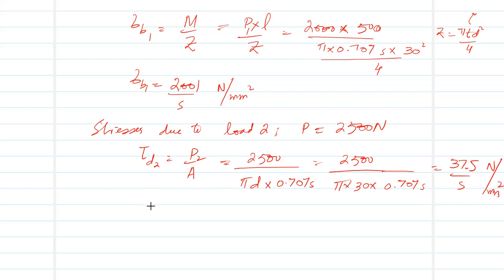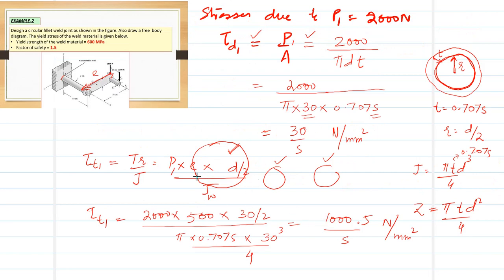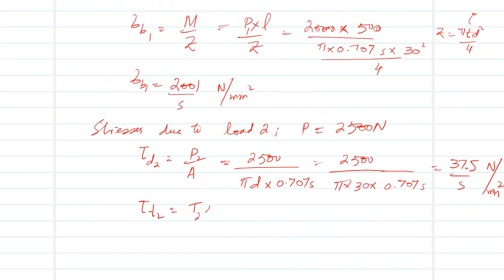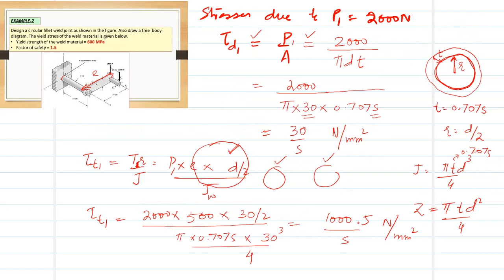Now for tau T2, just write here T1 for P1. T2 is P2 into E into R divided by J. Because the weld is the same, J will remain the same. Only the difference is P2 and E. If the weld is different, then J of the weld will be different.